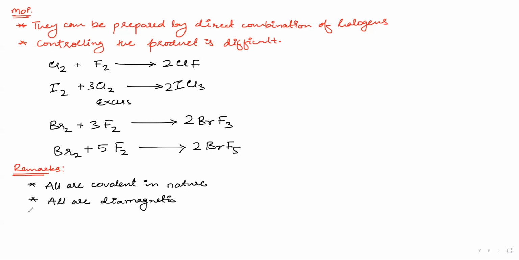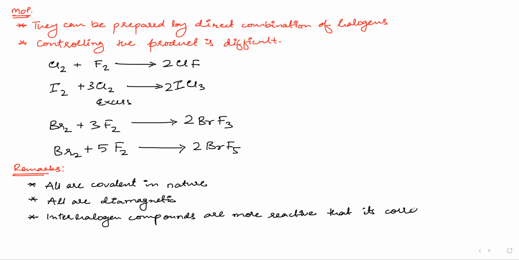All are diamagnetic. Now the third one is inter-halogen compounds. Inter-halogen compounds are more reactive than their corresponding parent halogen molecule XX.